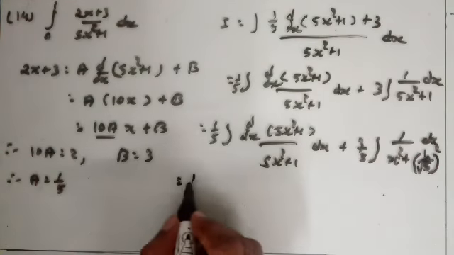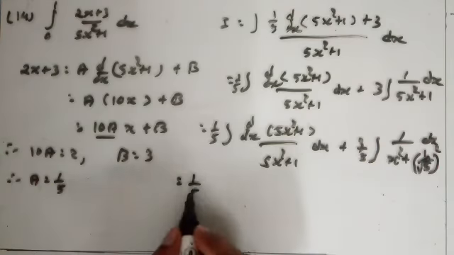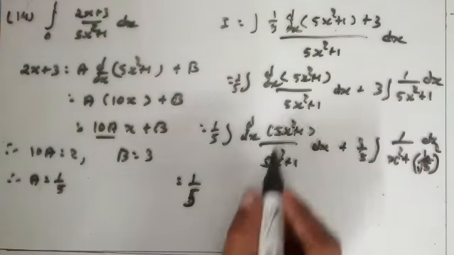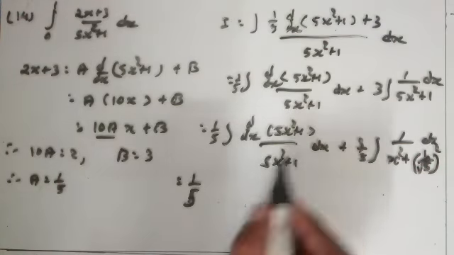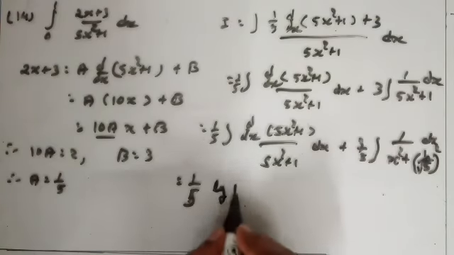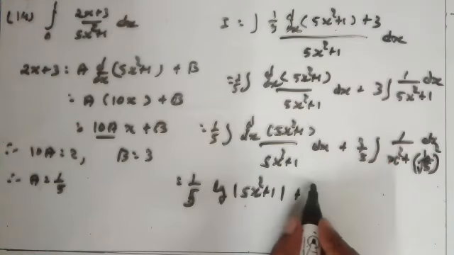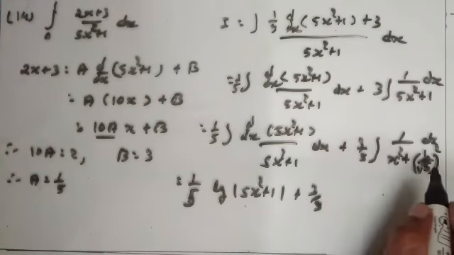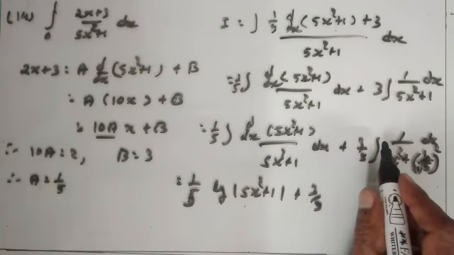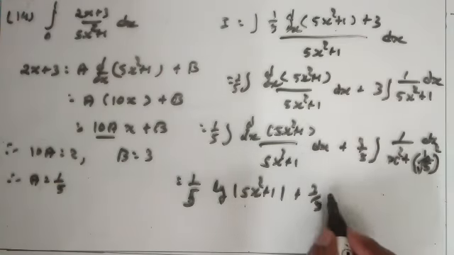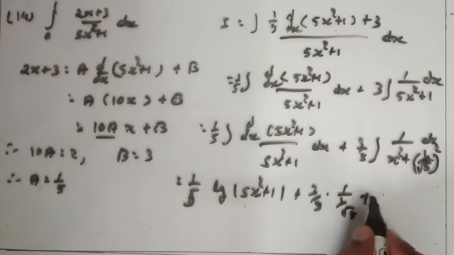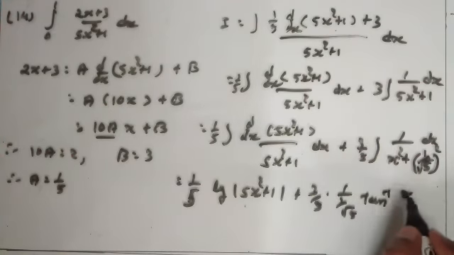Now get the integration of both terms. 1 upon 5 integration of this is equal to, we know that f'(x) upon f(x) is log mod f(x), so log of (5x² + 1), plus 3 upon 5 integration of this, which is the integration of 1 upon x² + a², that is 1 upon a tan inverse x upon a, here a is root of 1 upon 5, so 1 upon root 5.